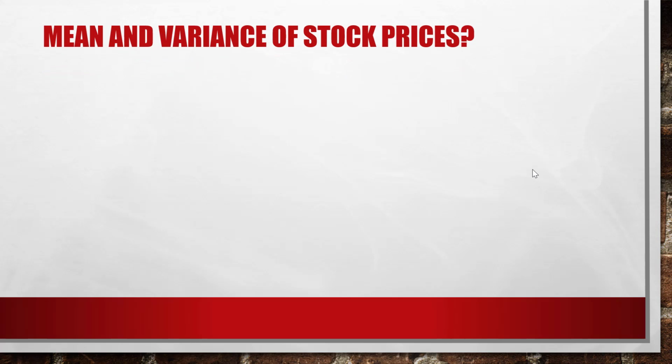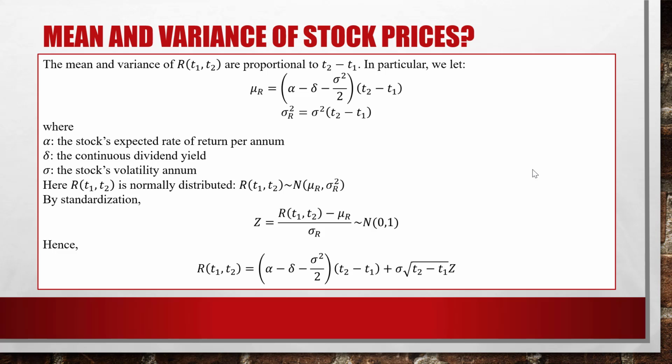And the second assumption is about the mean and the variance. Here the mean and the variance of the rate of return R(T1, T2) are proportional to T2 minus T1. In particular, we let mu of R be equal to alpha minus delta minus sigma squared over 2, times T2 minus T1, and sigma squared of R is equal to sigma squared times T2 minus T1.